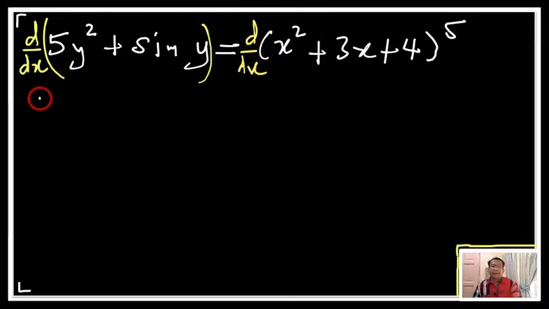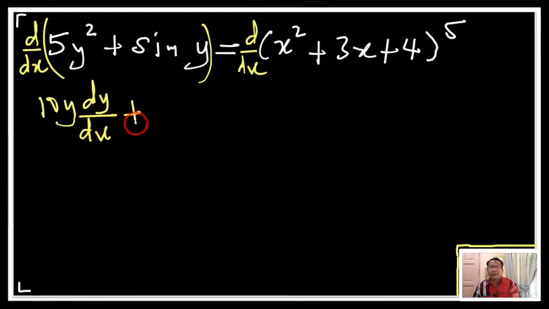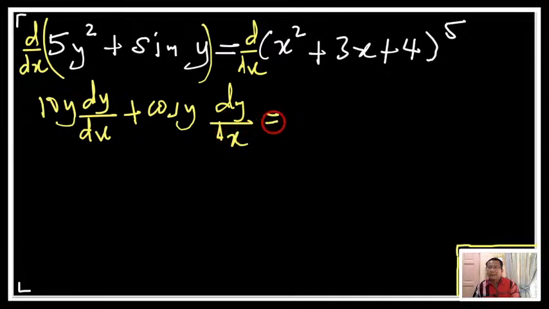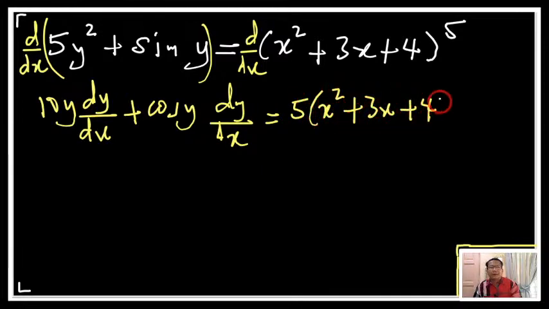So you get 10y dy/dx, because y, you add dy/dx. This one, cos y dy/dx, because y, you add dy/dx. This one is 5(x squared + 3x + 4) to the power 4, derivative of this, 2x plus 3.